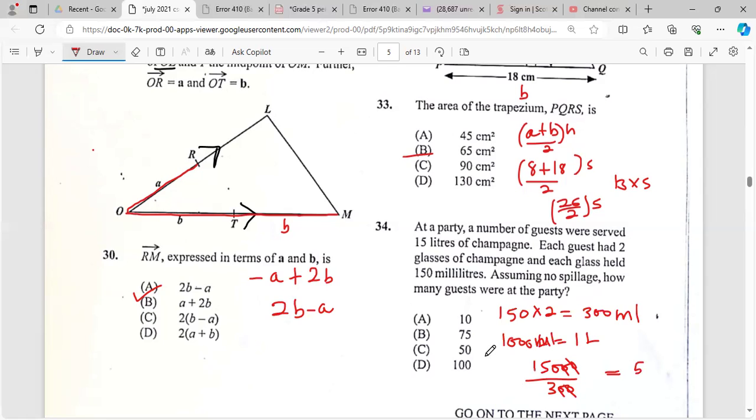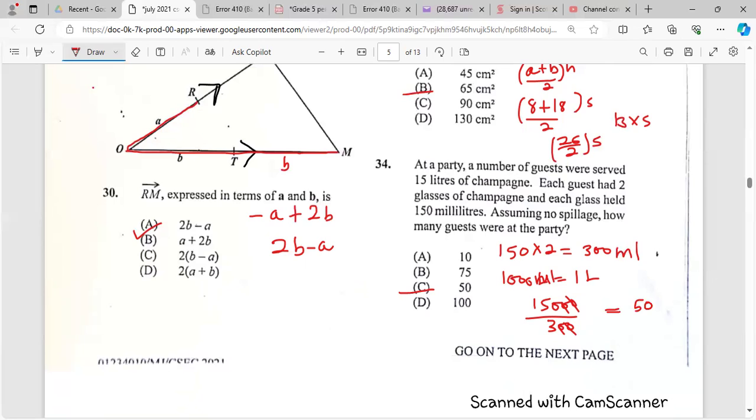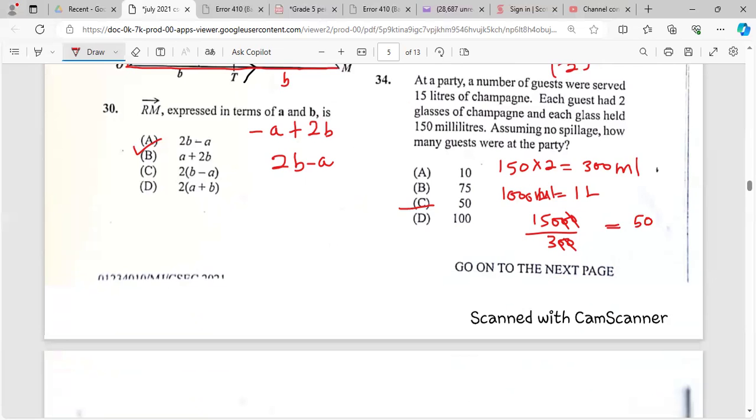So 50 guests there. Everybody agree with that? Yes, sir. Yeah, because each person has 2 glasses, so one person is gonna get 300 milliliters. If you use the 150, you're gonna be in a lot of problem, unless you divide it by 2 when you do.